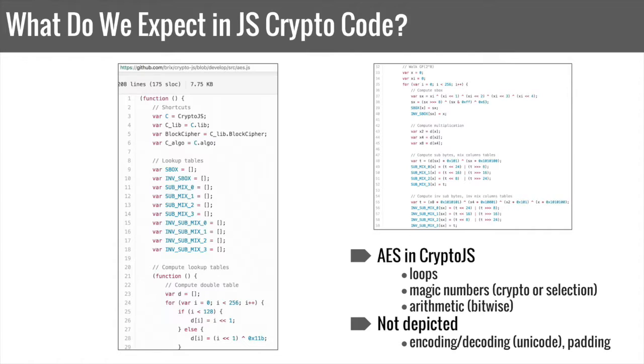And some of the things you'll notice here, you do see a lot of loops, and that's typically because you're operating on blocks of data at a time. You'll see a lot of magic numbers, and that's maybe a magic number that the cryptographer came up with that somehow helps to obfuscate data to make it difficult to reverse.